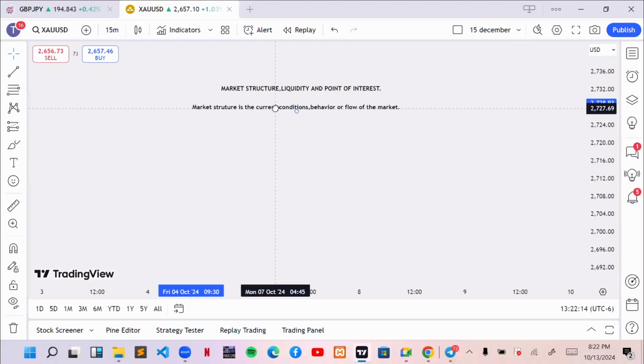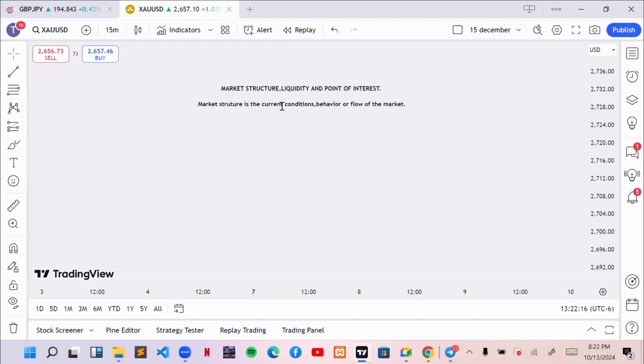Now there are two types of market movement. There's the trending market and then there's the ranging market. In the trending market, that's when we have uptrends and downtrends.